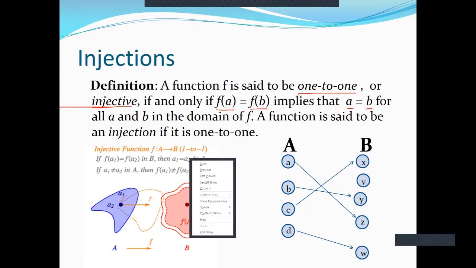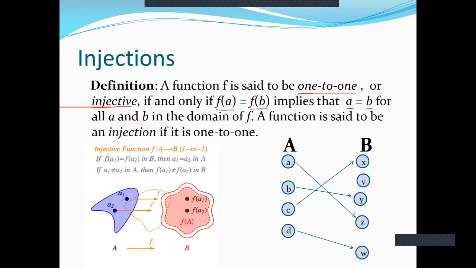So if we have two different mappings, it means we have two different elements in A as well. But if they are the same element, it means the elements in set A are also the same, right? Or in a shorter way, one element will map to one element only. That's why we call it one to one, straightforwardly. So once again, let me read the definition.